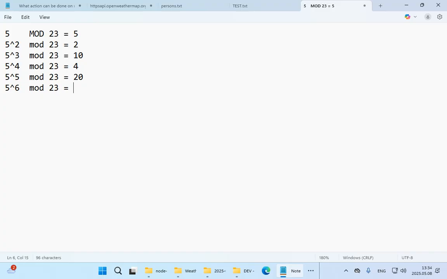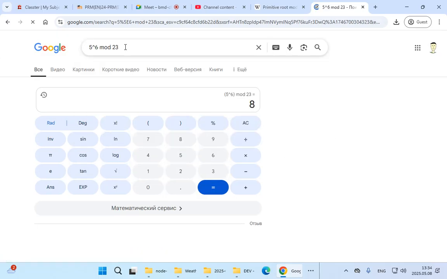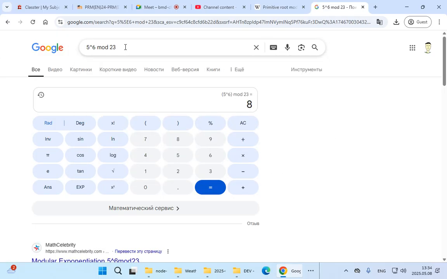Wait a minute, it should be 12. Wait a minute. It's 20 times 5, so 100, which is 8. Yes, it is 8. So you were right. I was wrong. We can also just do that. You understood it, guys?